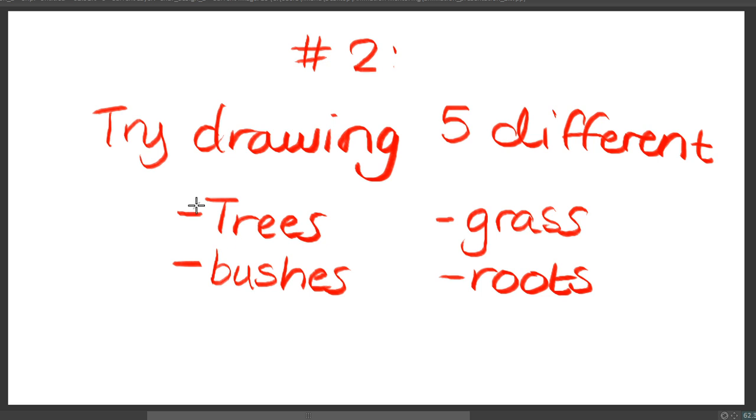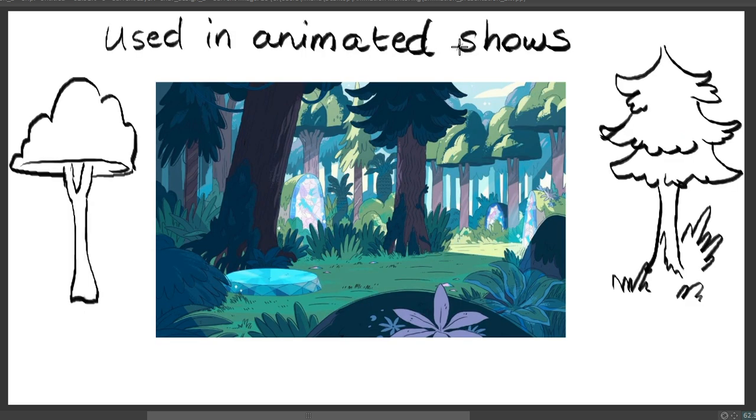It was nice. I never forgot that lesson and many lessons that he taught. This is the exercise that I am giving all of you to do. And I just wanted to show that this technique is used in animated shows a lot.